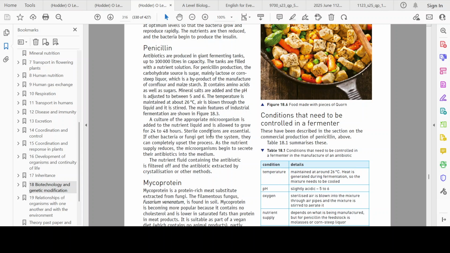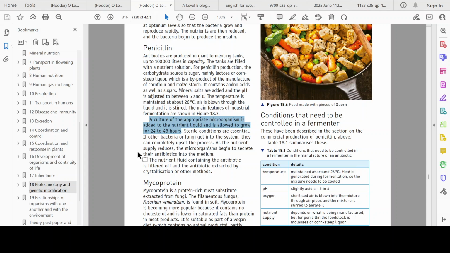Okay, you see over here, a culture of microorganisms is added to the nutrient liquid and is allowed to grow for 24 to 48 hours. We add the nutrients so that the number of microorganisms increases. So the more microorganisms there are in the fermenter, when the nutrient level drops, you will be able to get more penicillin out of them.